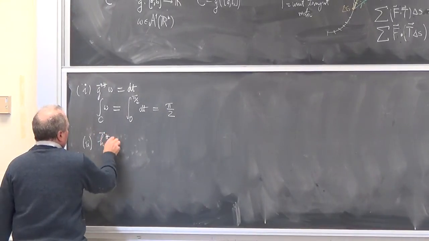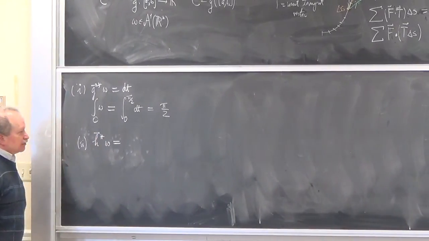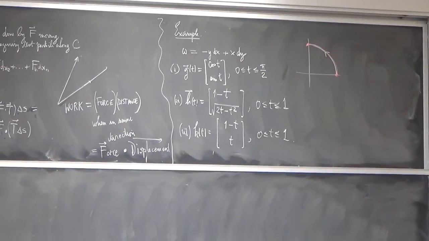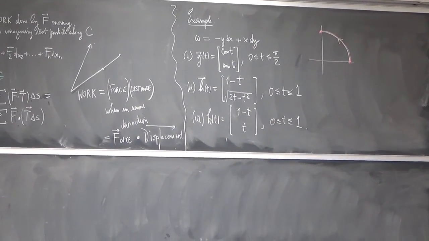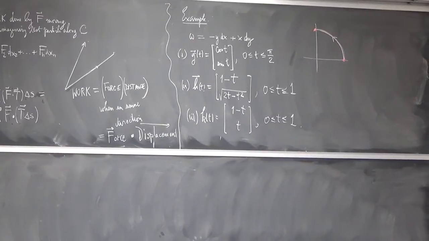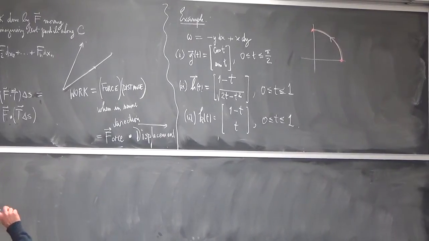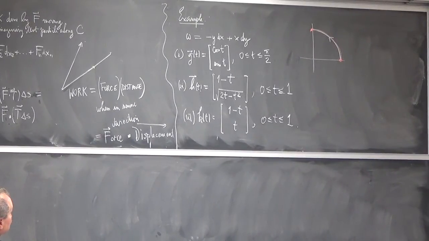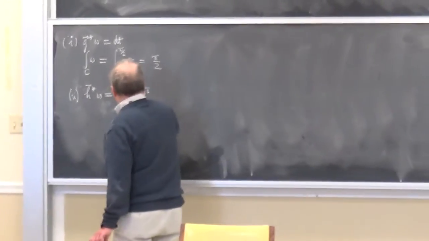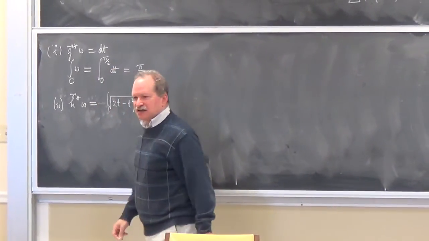What's the pullback by h? Always sub in for y. What fun. So I get what? Minus the square root of 2t minus t squared times, what's the pullback of dx?